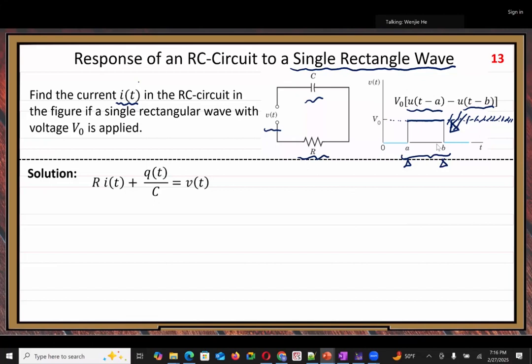This little i is the current function, so you should not confuse it with the complex symbol i. It's different. The reason is related to the Laplace transform, because we will use the Laplace transform.